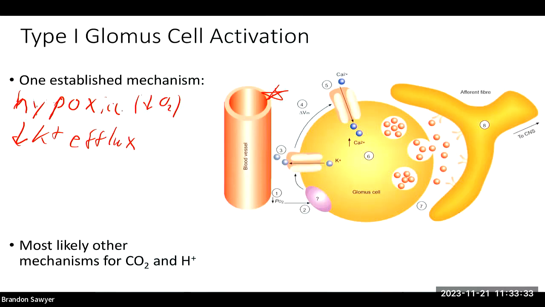Still not all of this mechanism is mapped out, but somehow there's a membrane protein that's sensitive to the amount of oxygen in the capillary next to these glomus cells, and that triggers the protein to close some of those potassium channels that allow potassium efflux. That allows depolarization of those type 1 glomus cells.